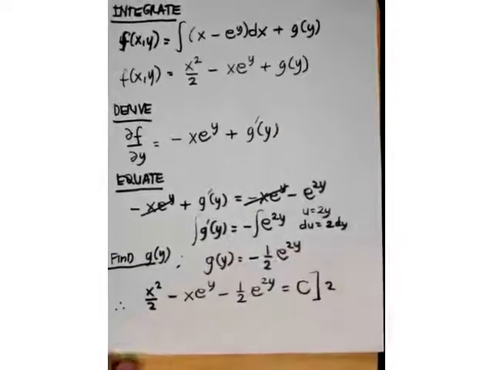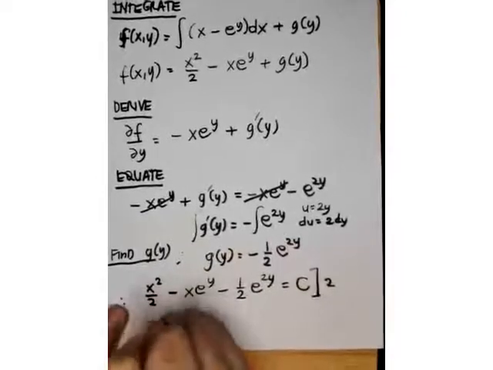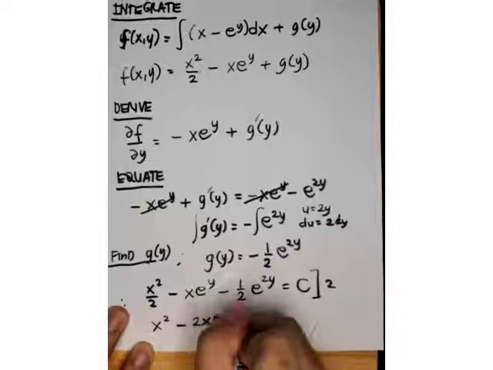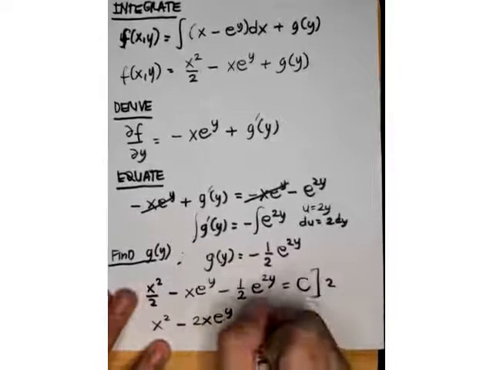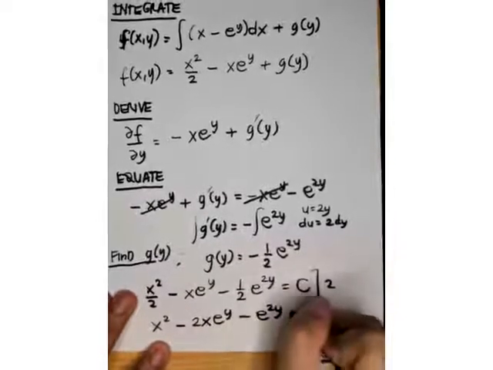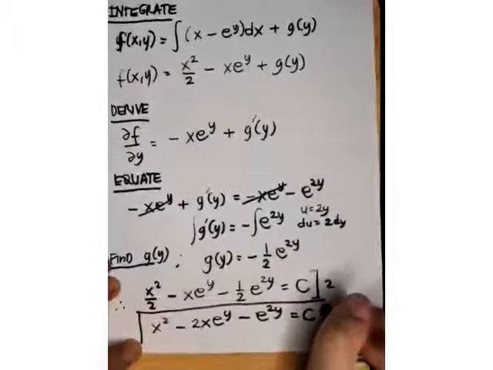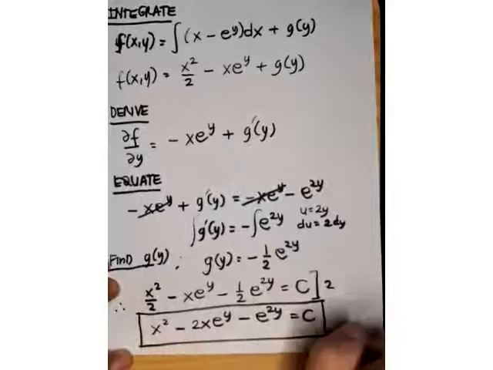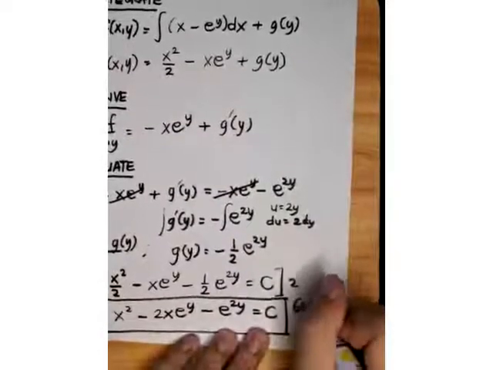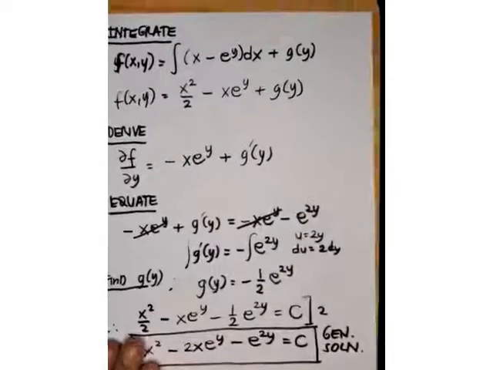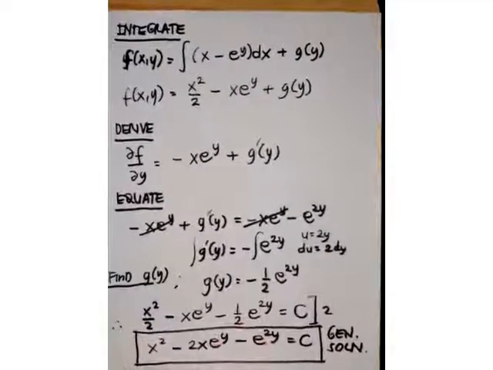Let's multiply the whole equation by 2. So we'll have x squared minus 2x e raised to y minus e raised to 2y is equal to c. So this is our general solution.